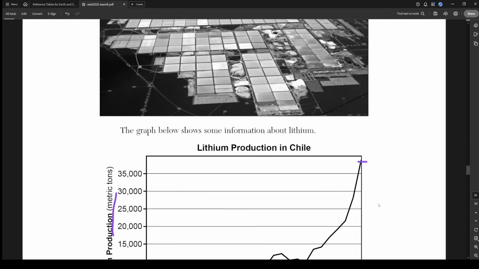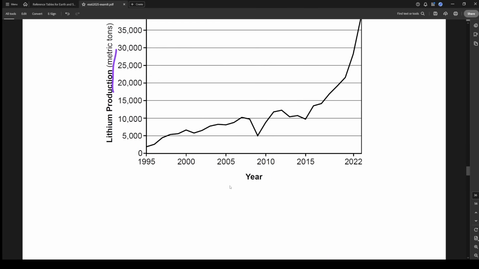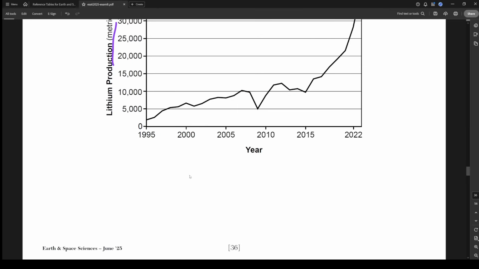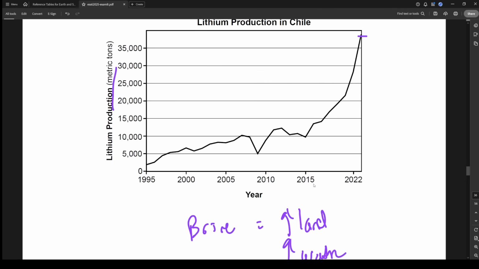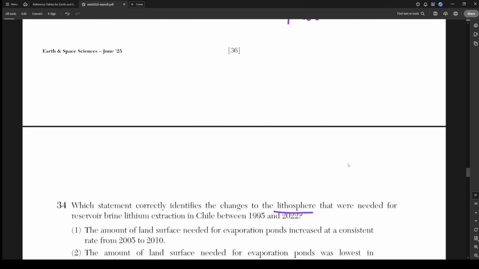Where is this? It just says lithium production. So are we going to assume that if you're using brine, that means more land and water is going to be required? That's what we established already. So we're going to say in 2022, they need more land and water.